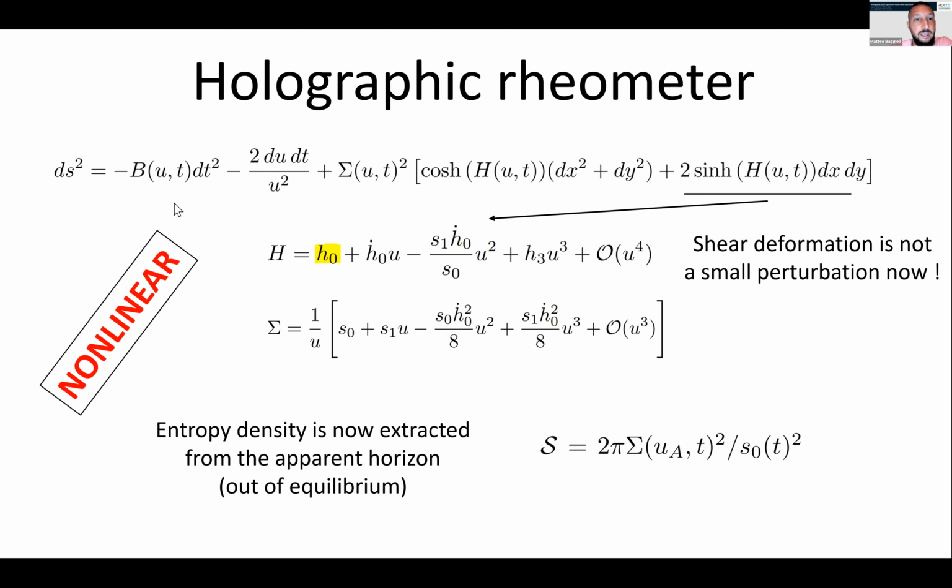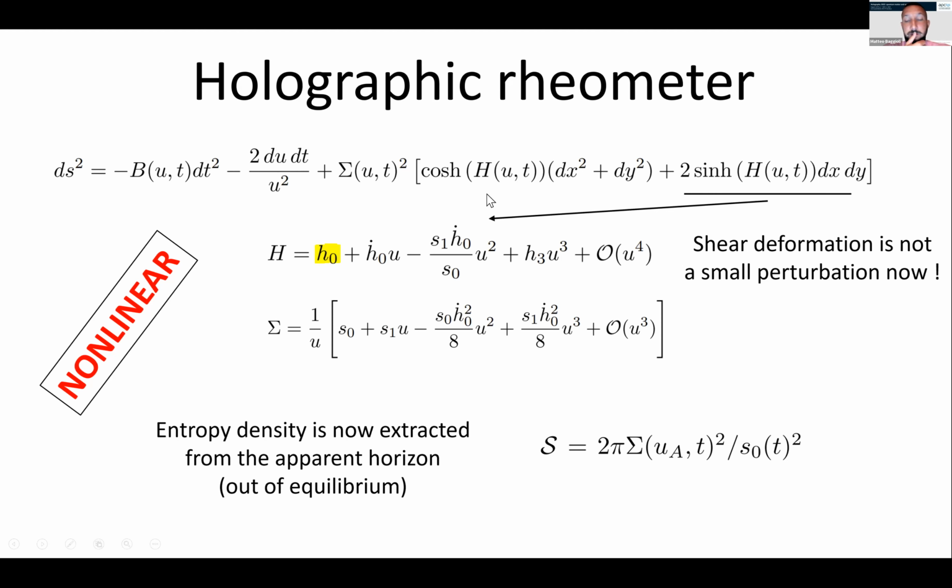Don't pay too much attention to the exact form. This is not exactly important. It's just our choice. But the important thing is that the metric itself in the background now has two important features. The first feature is that the metric now is time dependent. You see all the functions of the metric are time dependent.